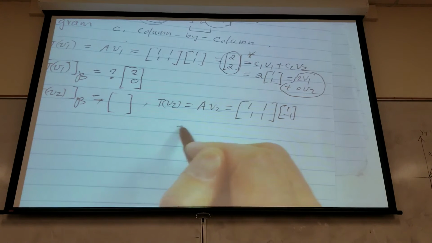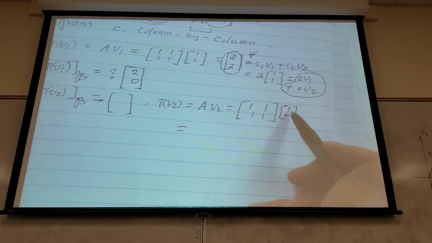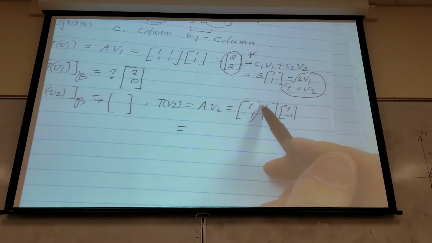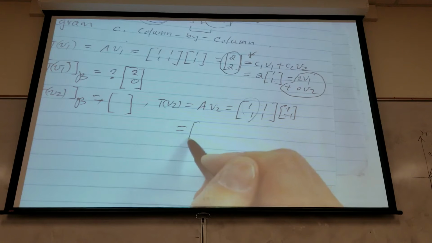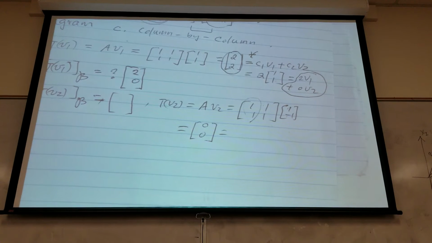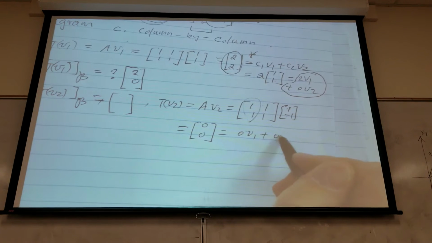So what do we get? 0, 0, right? So how can you tell in two different ways? You can use combination: 1 times the first column plus minus 1 times the second column. That's 0, 0, right? So 0, 0, what do you get? 0 V1 plus 0 V2.